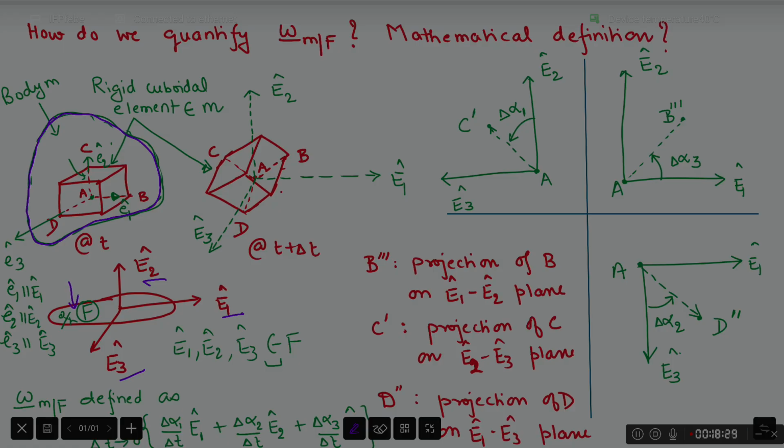Now inside this body M, we have identified a small cube, a material cube on the body.